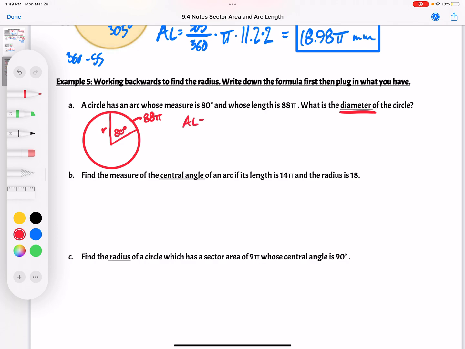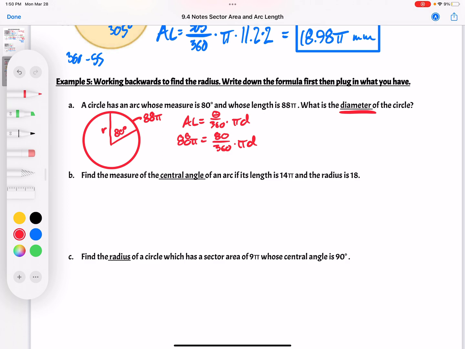So arc length equals theta over 360 times pi d. Let's plug in what we know. Arc length is 88 pi equals, I know theta, 80 over 360 times pi d.